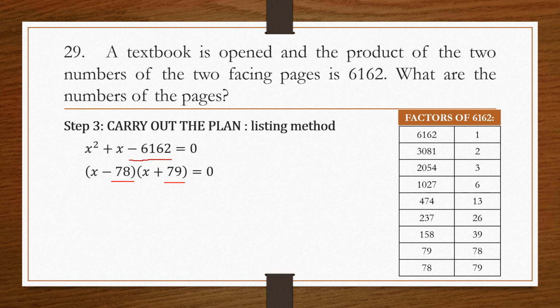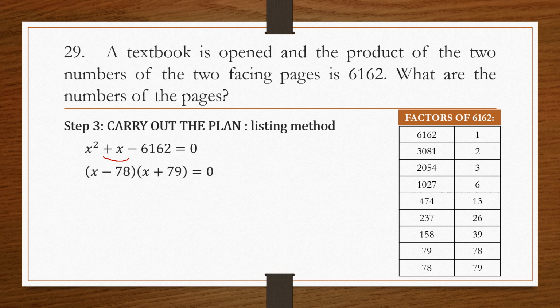So, ngayon, bakit naman negative ang 78 and positive ang 79? Look at our second term. It is a positive x, positive term.